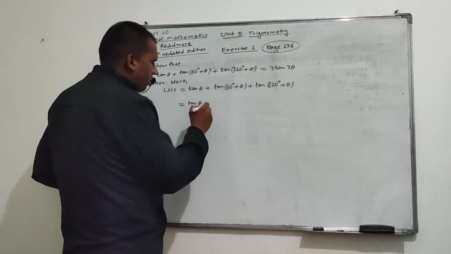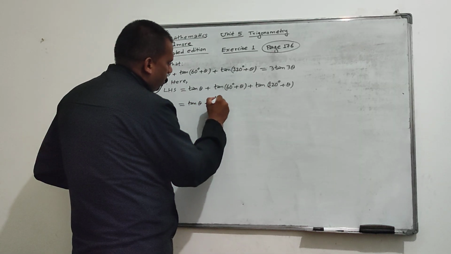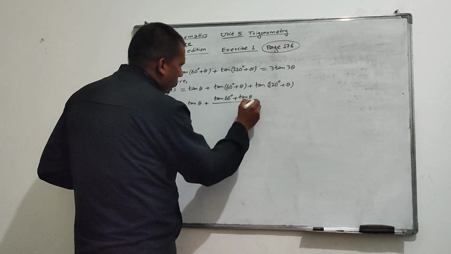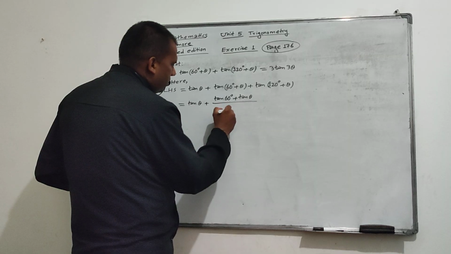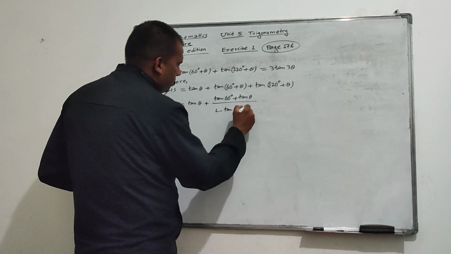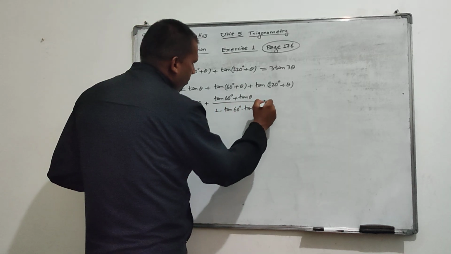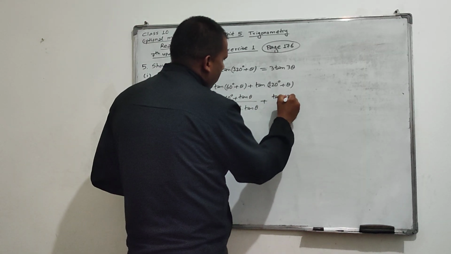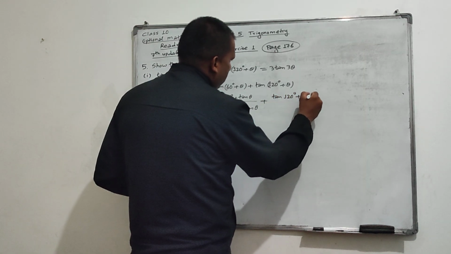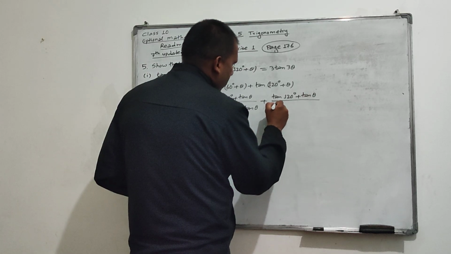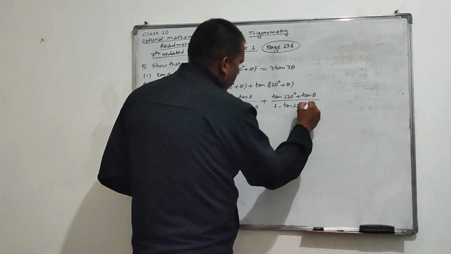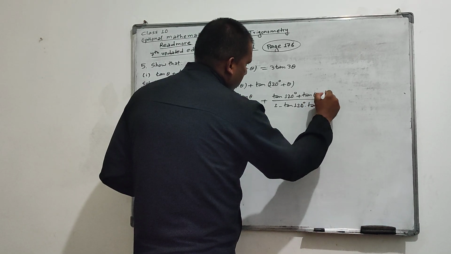Using formula of tan (A plus B), tan 60 degree plus tan theta all upon 1 minus tan 60 dot tan theta. Similarly here, tan 120 degree plus tan theta all upon 1 minus tan 120 degree dot tan theta.